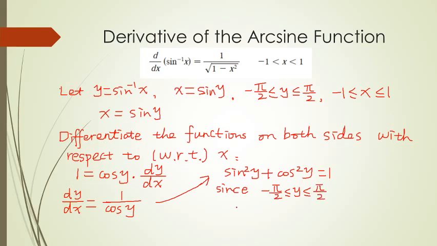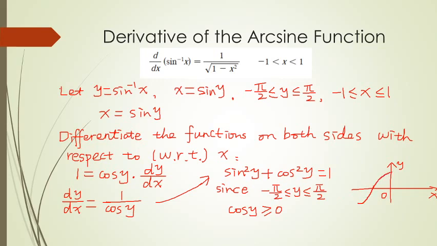So cosine y will be greater than 0, okay? Cosine y is non-negative. How can we check that? Show the cosine curve. That is cosine y. You can take it as x, okay? It doesn't matter. You can take it as cosine x.